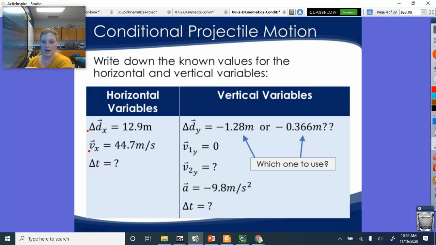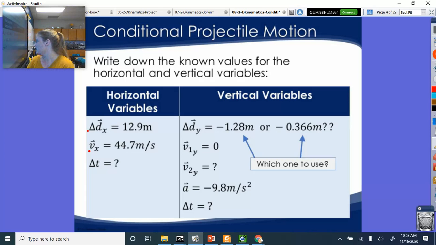Now in the y, we could either say our displacement is negative 1.28, because that's how high we start, so that's how far it can fall, or that it can only fall 0.366 meters and still make it over that net. So we have no clue which one of those we're supposed to use in the y.